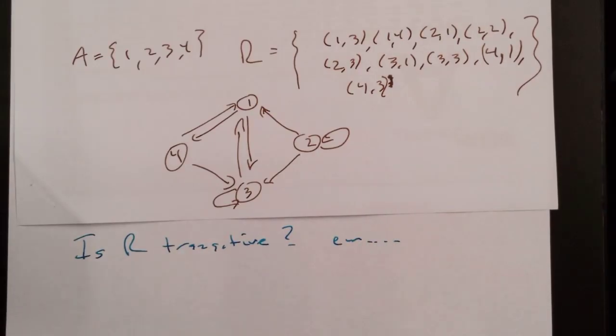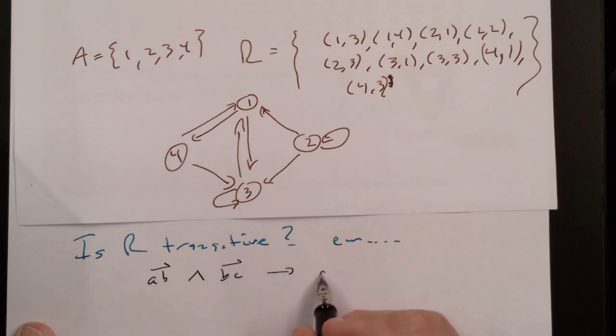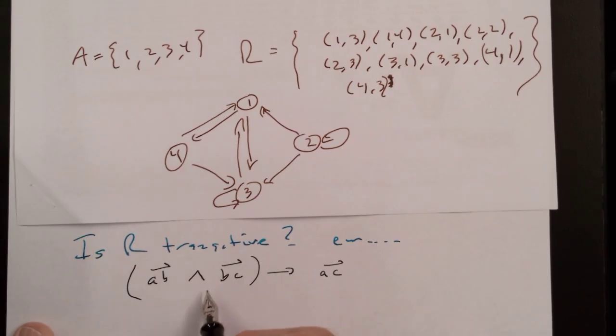What's the definition for transitive again? A and B, and B and C, and A and C. So if I have A and B, and I have B and C, then I have to have A and C.